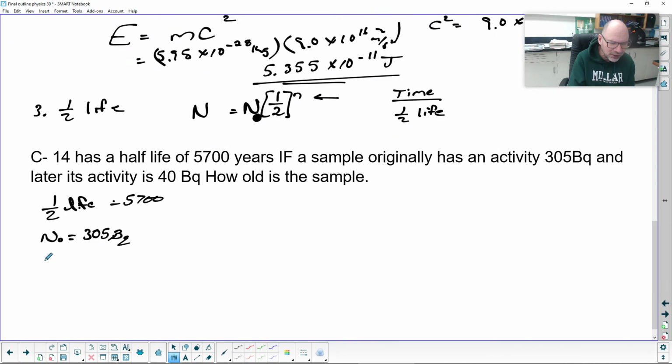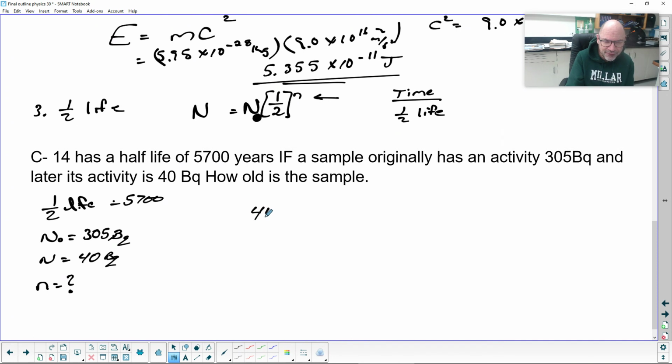And after some time in the future, it's only 40. Basically, we have to find out what n is. It's an easy setup for us.